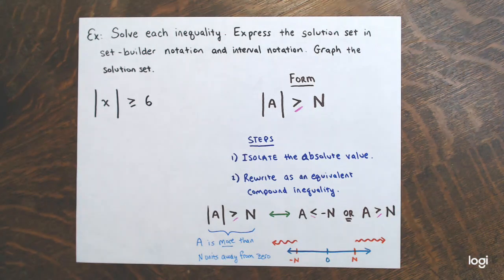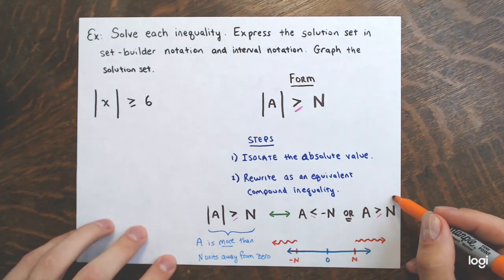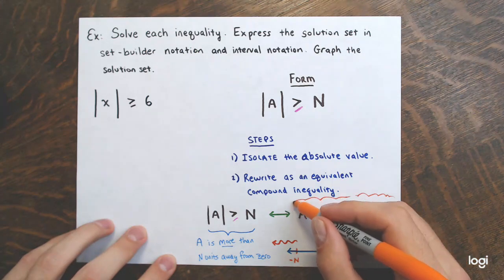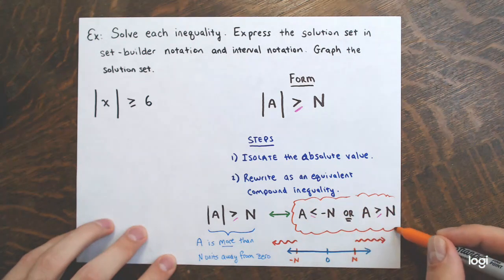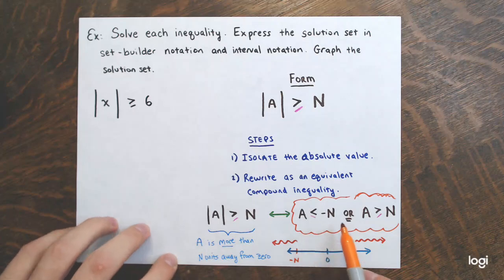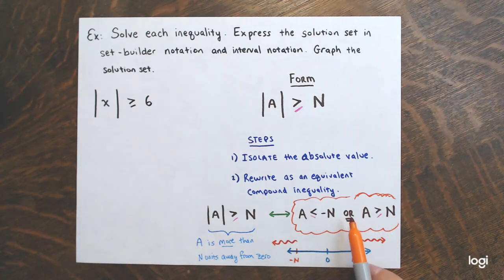And this is huge right here. This is what we're rewriting. We're rewriting our absolute value inequality like this, as this compound inequality involving the word or. Notice it's not connected. You do not connect these. There are no numbers that are both over here and over here at the same time.